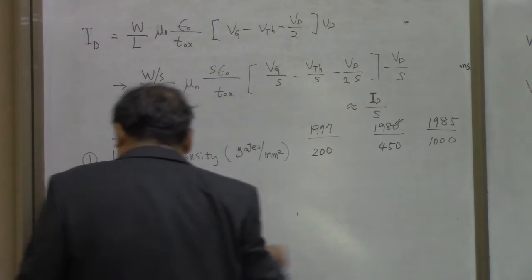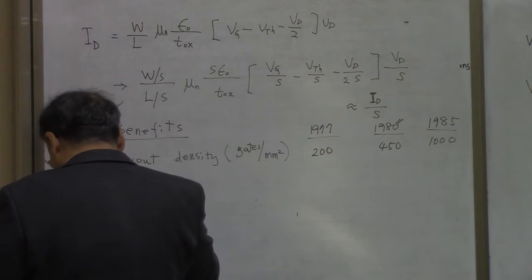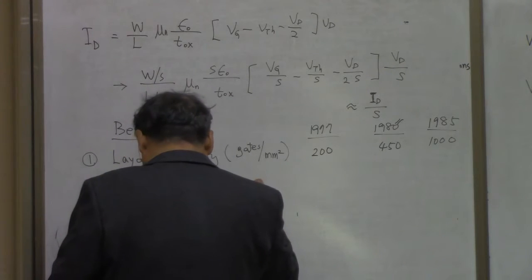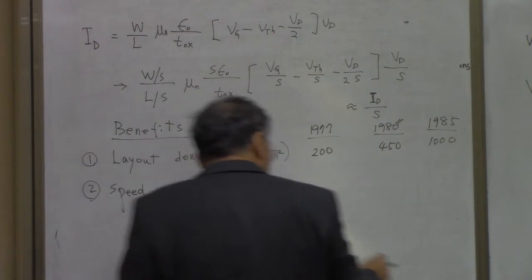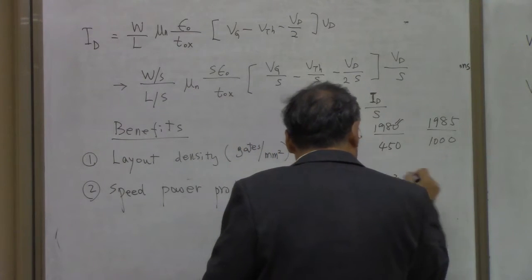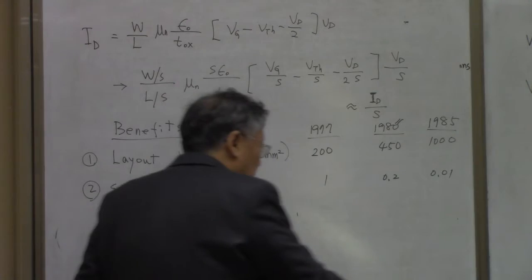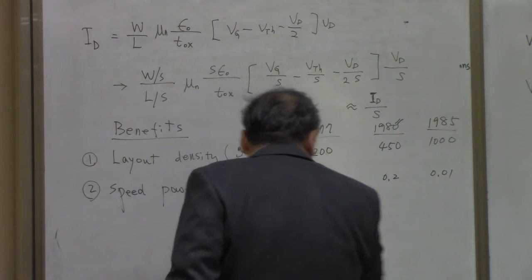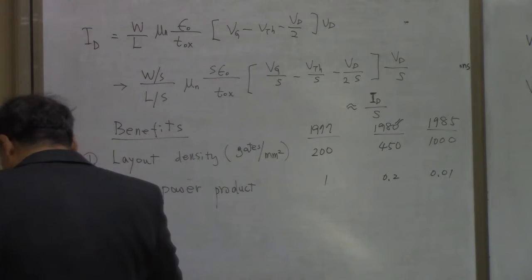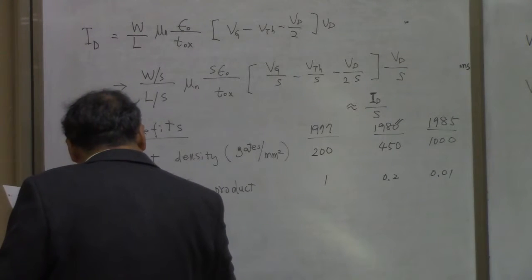So I just give the data: the speed-power product, that is 1, 0.2, and 0.01. The power dissipation, power consumption, if you like, is very much reduced by scaling.